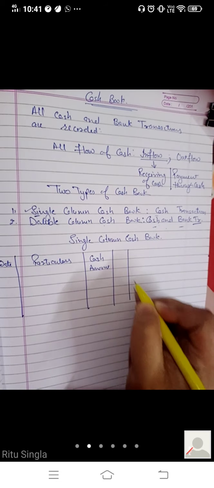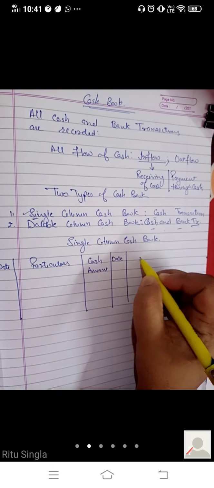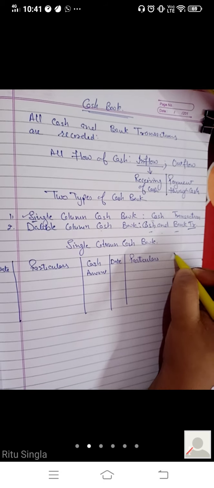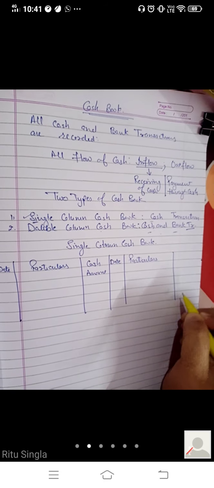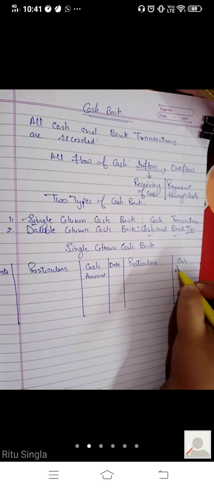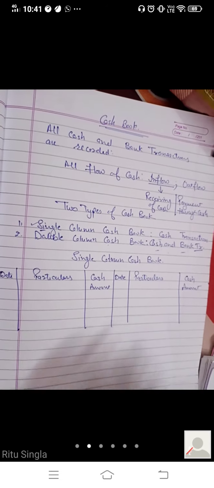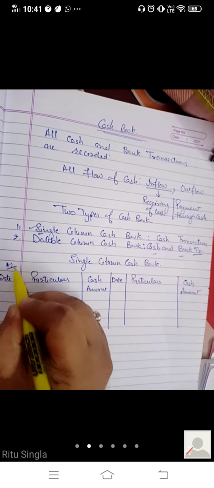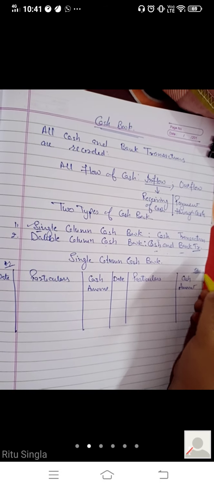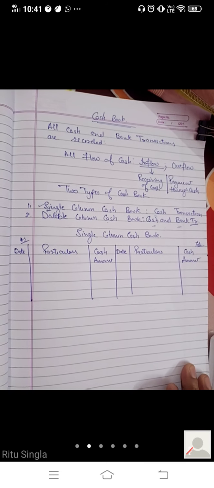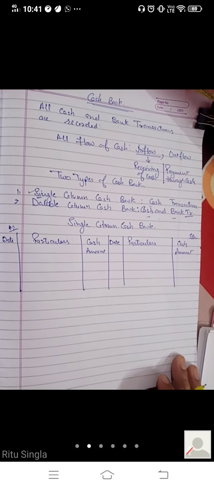Next column, again repeated columns, date, particulars and cash amount. And we all know the left side of that account is debit side and right side of the account is credit side. This is the simple format of cash book.